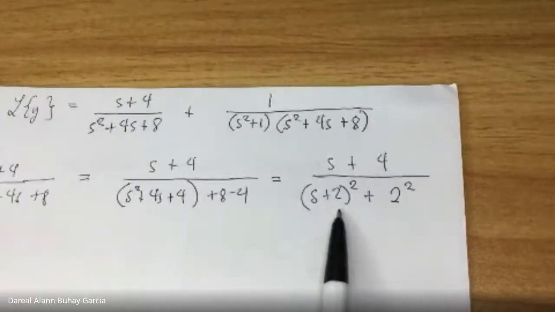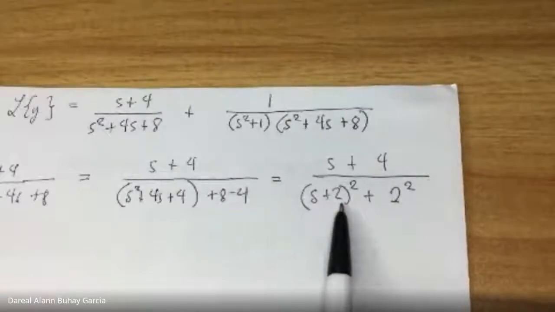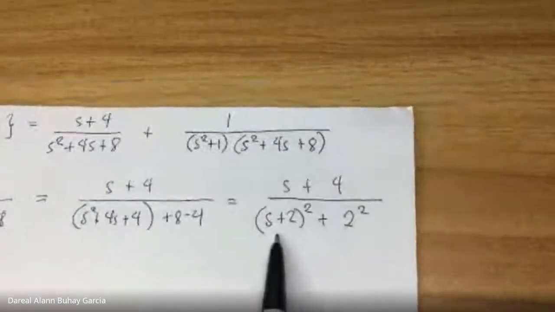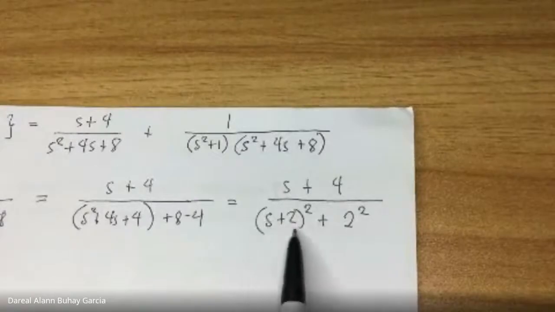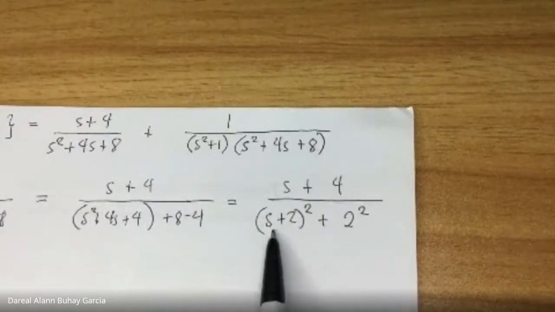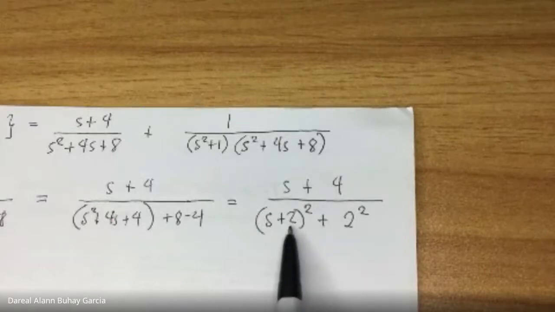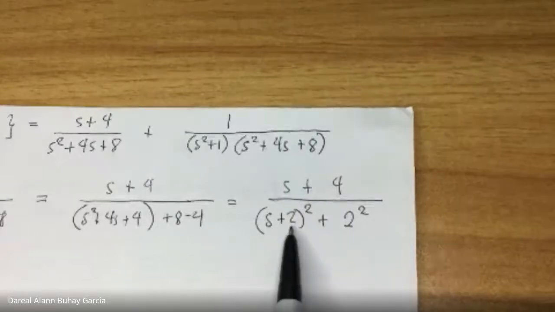Notice that with s plus 2 squared in the denominator, we can anticipate that it will be compensated by e to the power of negative 2x, from the property.